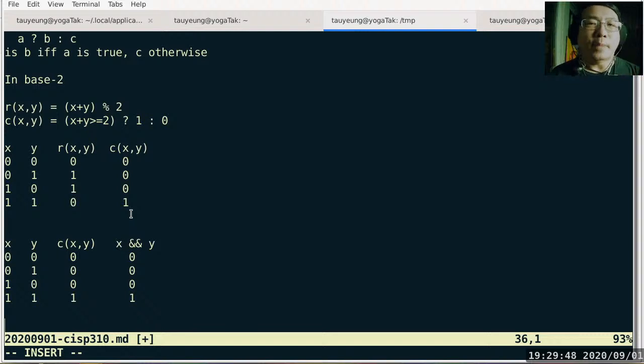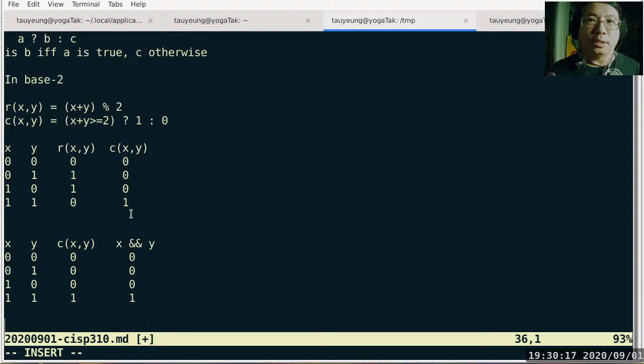Oh, but wait, Tech. You mentioned something about using transistors to do it, right? So now the question is, can we use transistors? Not one, but as many transistors as it takes. Can we use transistors to compute x and y? Well, it would take 4 transistors to make a NAND gate, and an AND will take 2 NAND gates.